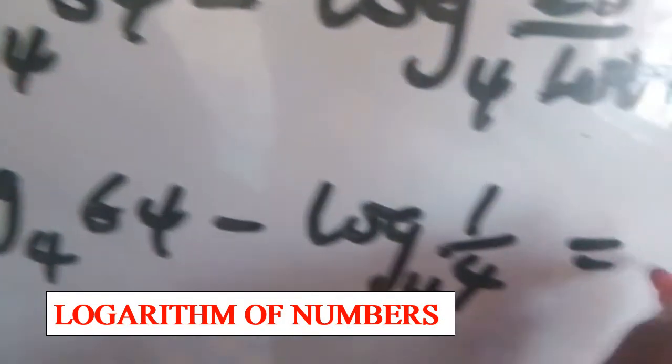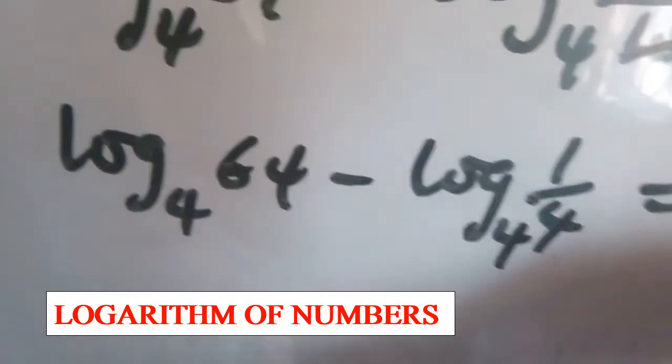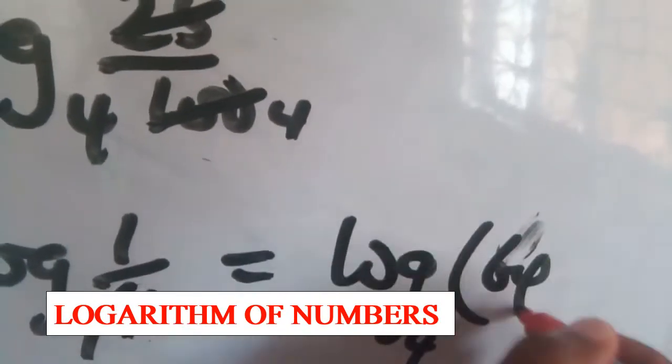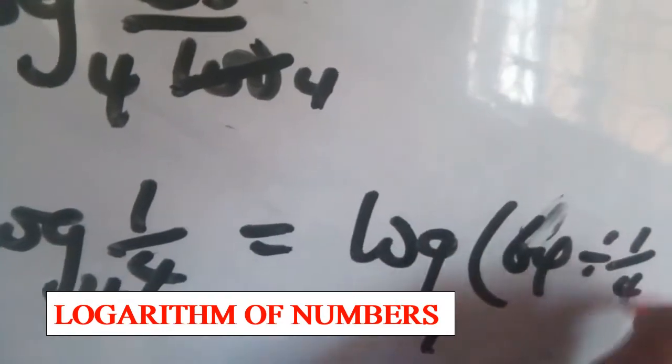When you apply the division law, you have log base 4 of 64 divided by 1 over 4.